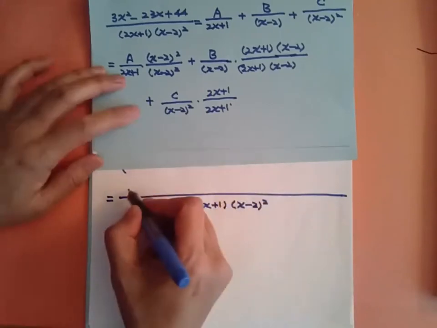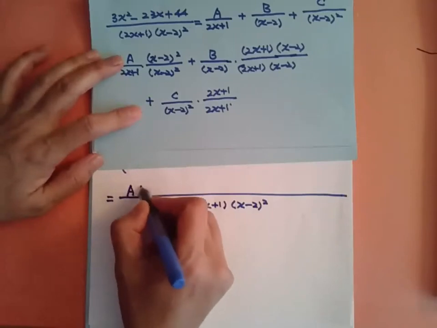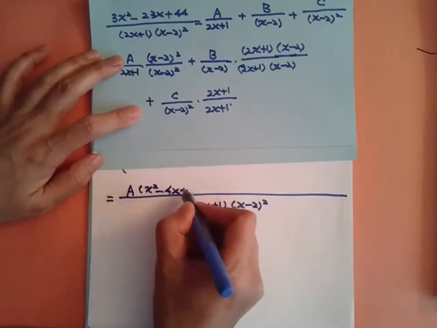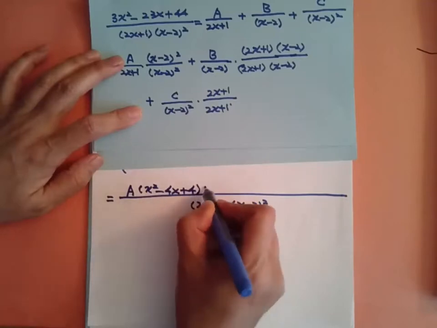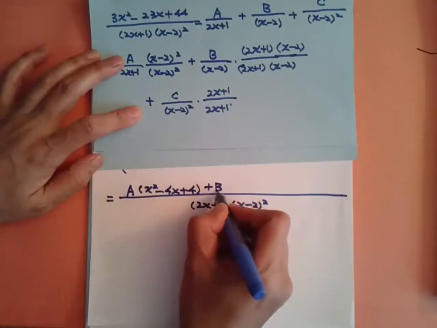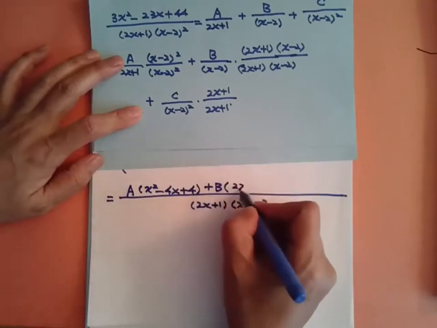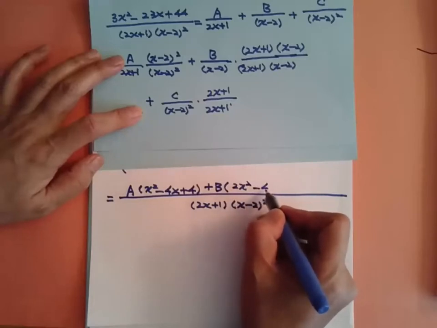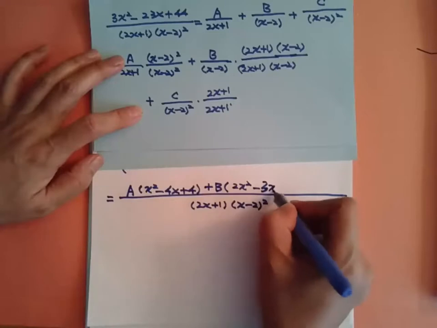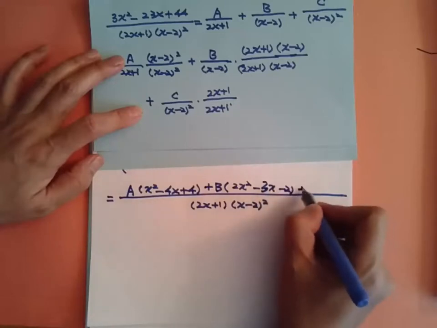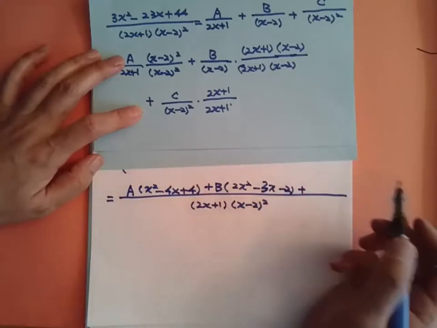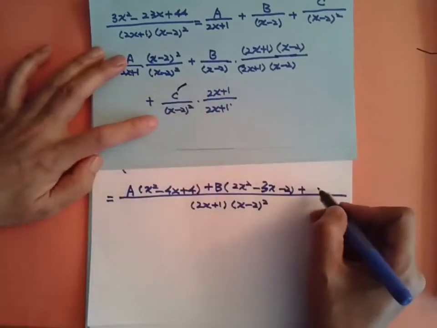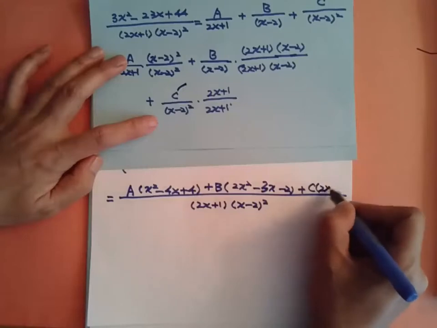So a times, we already expanded that, was x squared minus 4x plus 4, plus b times the next one was 2x squared minus 3x minus 2, plus, let's just write it down, c times 2x plus 1.